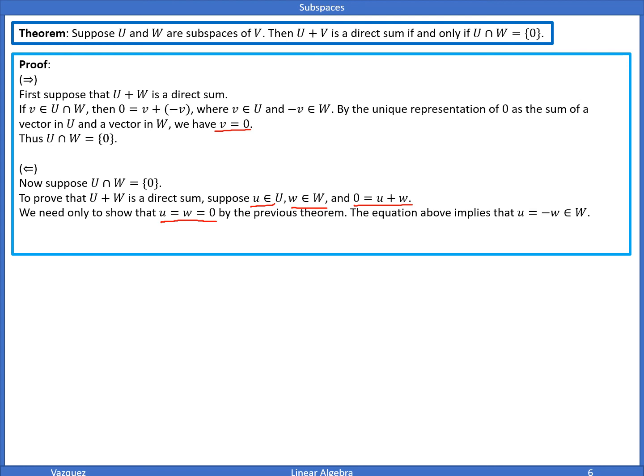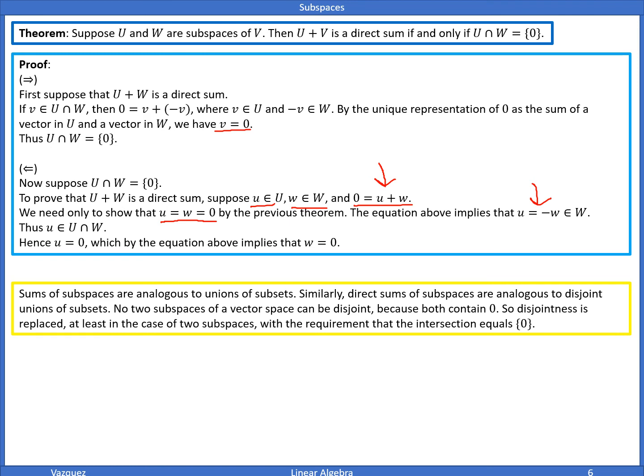Well, by the theorem in the last slide, the equation above implies that u is equal to negative w, which is in W. So therefore, u is in the intersection of U and W. Therefore, u is equal to 0, which by the equation above, or by this one, we get that w is equal to 0. And that proves it.